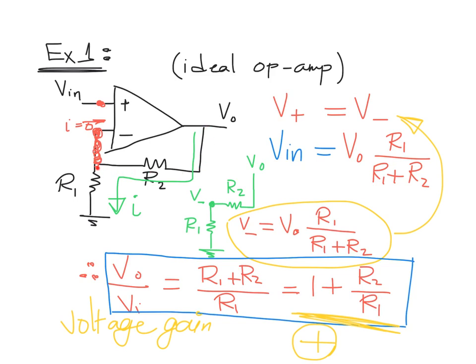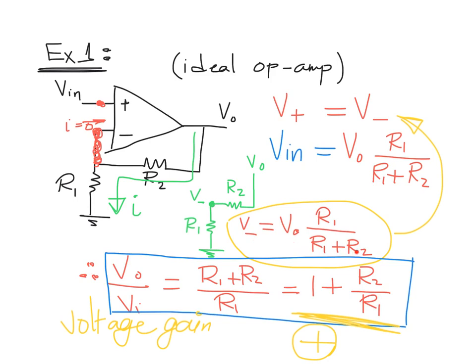Just use the KCL equation at the input terminals, positive or negative, depending on where the current is and where the resistances are connected. So here you can assume V minus minus ground, minus 0, over R1 will be the same as Vo minus V minus over R2, which will give you the same relation at the end between V minus and Vo.